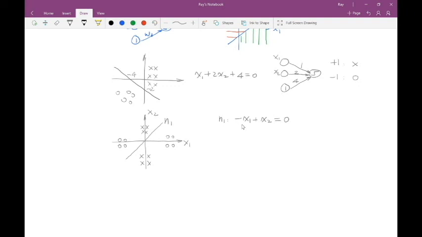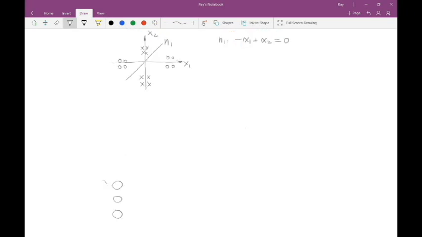Now let's start to draw the neural network. Then I draw the second line and name it N2. The function of N2 is x1 plus x2 equals 0.